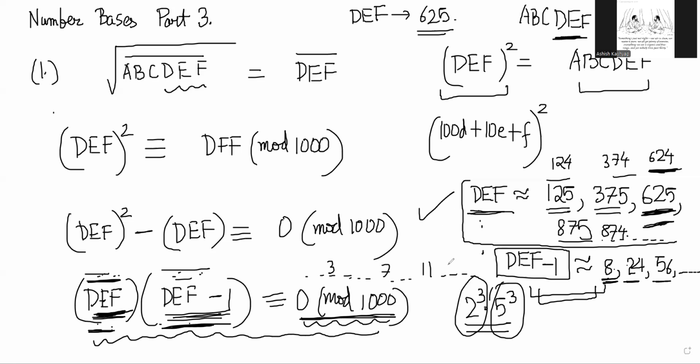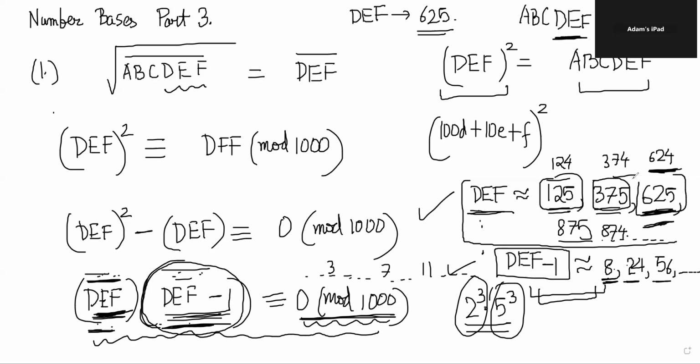Obviously, this was not the only possibility. We have not checked many other situations. For example, we could have started with DEF minus 1 being these, and DEF had to be divisible by 8. So you should check those also.